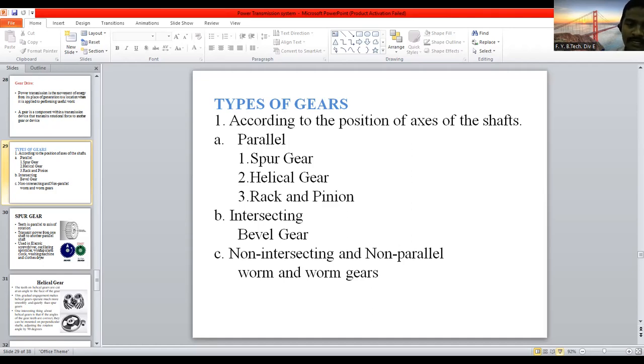Then small b, intersecting. In the intersecting, we'll study bevel gear. And last is non-intersecting and non-parallel.